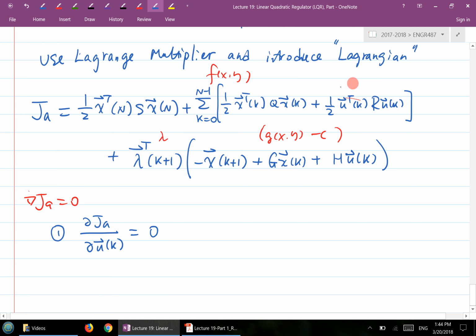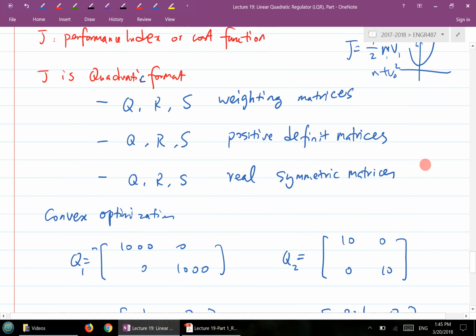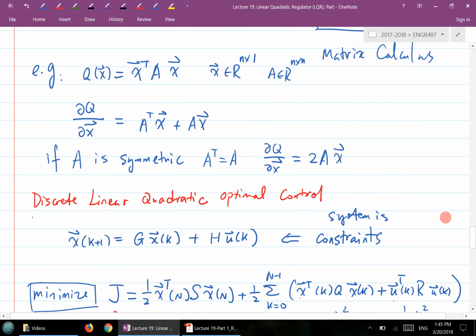This is basically the only place that has a u, and then also this location has a u. There are two places with u here, and the matrix calculus I think I showed you. When you have a quadratic form like this and you take a partial derivative, if A is symmetric, you get 2A times x.